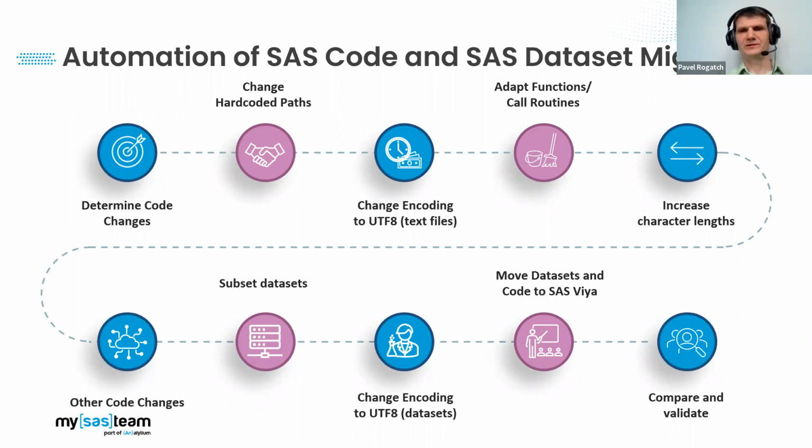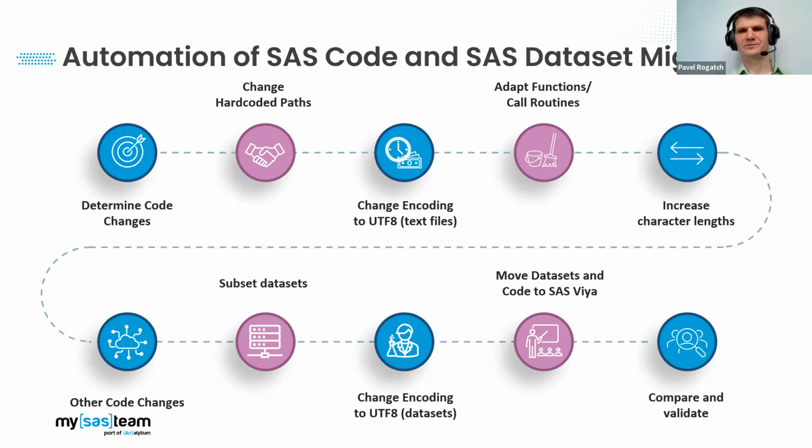It must be noted that in our case, it was very important to automate the whole process of migration, of preparing SAS code files and SAS datasets, for several reasons. First, the old platform of our client contained roughly 20,000 SAS code files and about 15,000 SAS datasets, too many for manual processing.